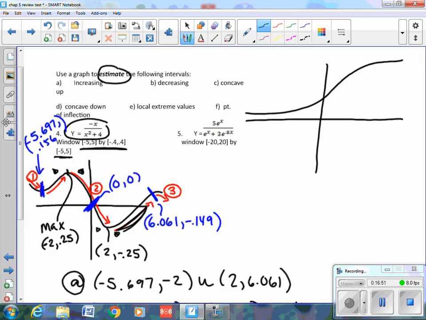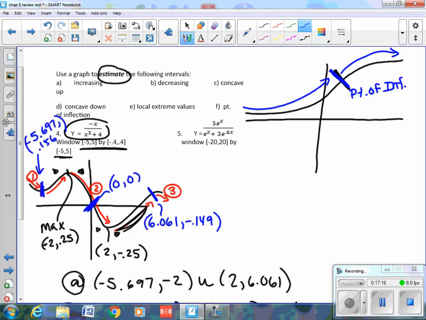Okay, so at approximately right here, I'm going to put it in blue. You notice that it's concave up to here, and then it starts concave down to there. So this little blue area is called the point of inflection. And how did I find that?